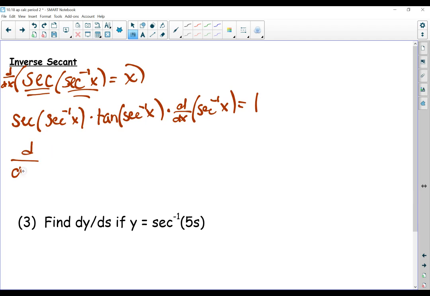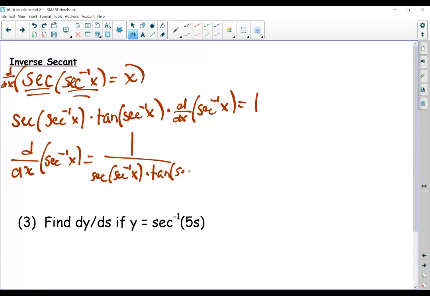So then we end up with the derivative of the inverse secant being 1 over the secant of inverse secant of x times the tangent of the inverse secant of x. Okay, now we're going to right triangle it.